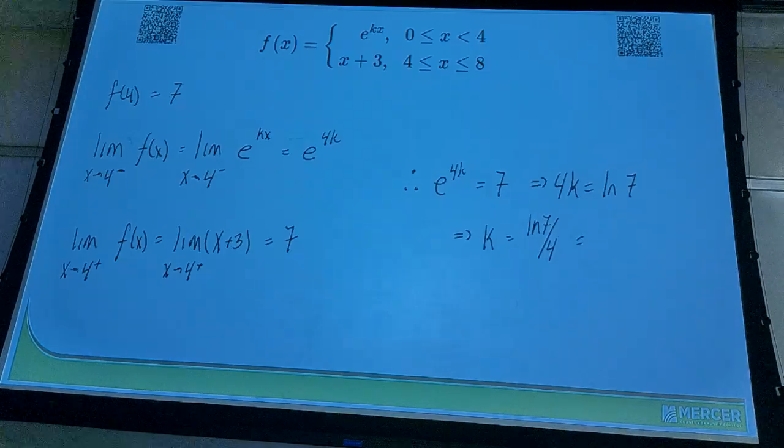Give it to me as the log of a number. Your calculator won't help you here, because I don't want an approximation.